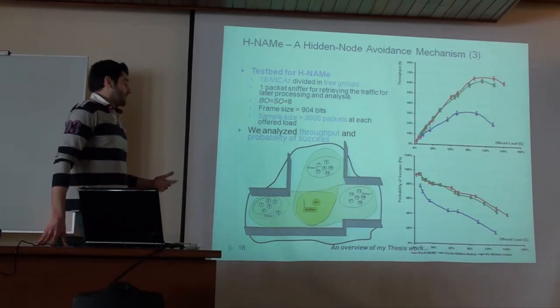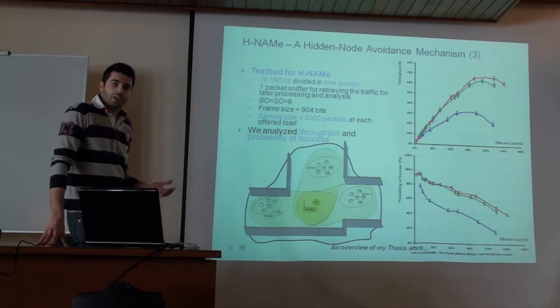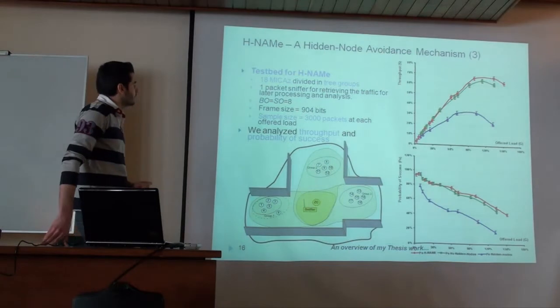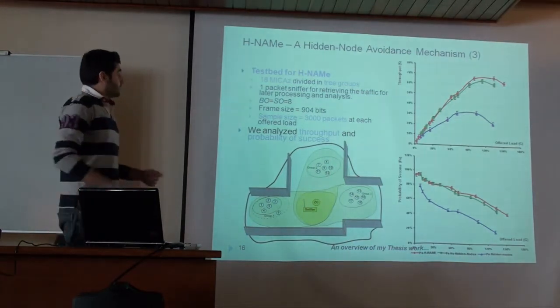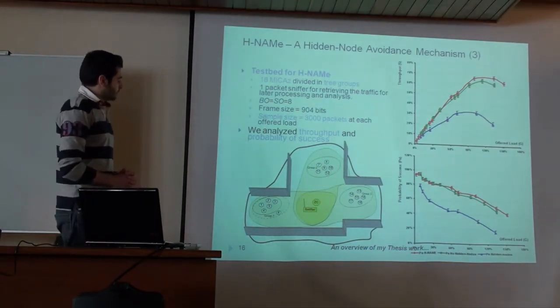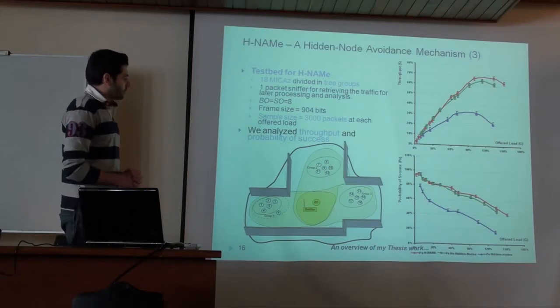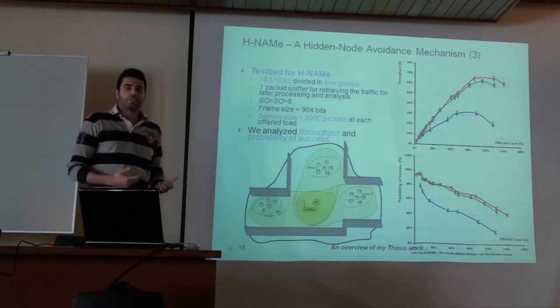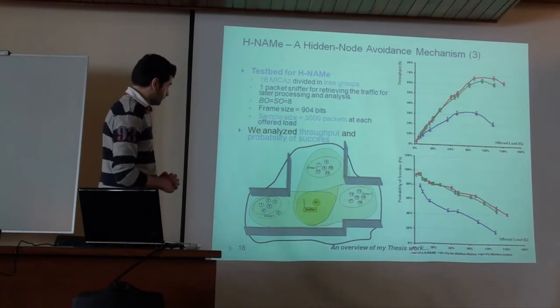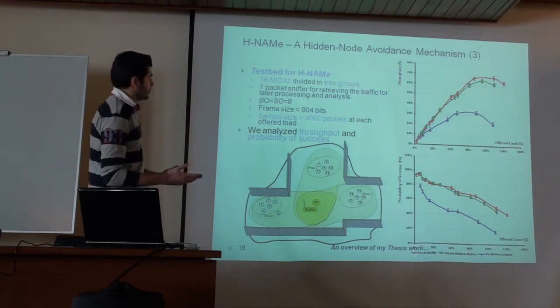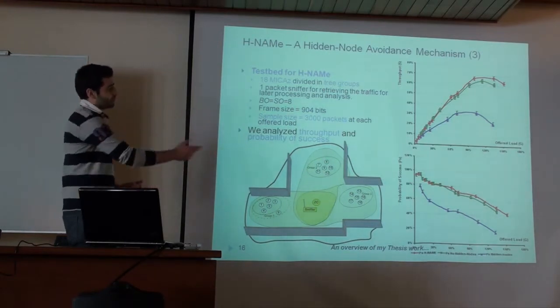The test bed is similar to the one I presented before for the CSMA-CA performance evaluation. Again, the nodes were programmed to transmit traffic at given interarrival times. We analyzed the throughput and the probability of success, and we came up with those results.